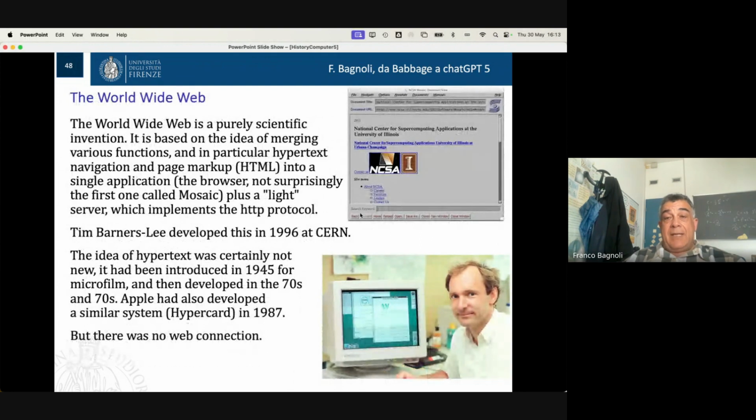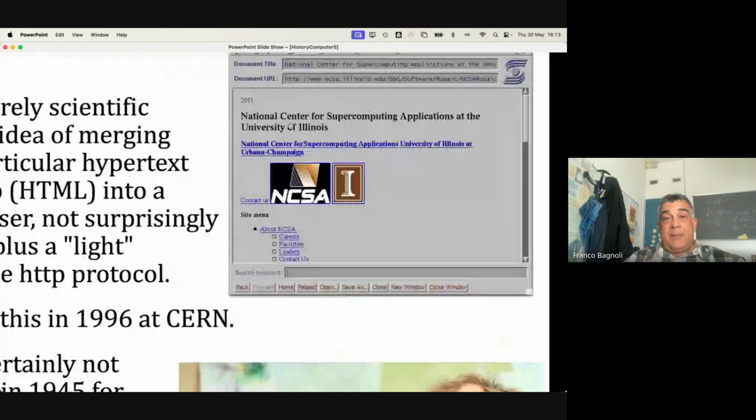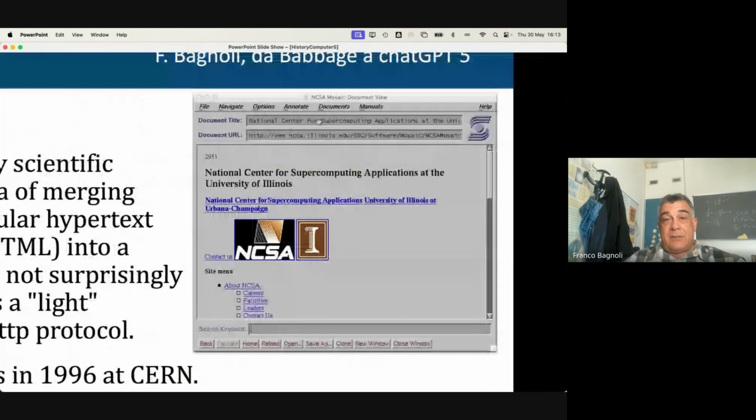And while developing this, he also had to develop the browser. So the concept of the browser, clearly at the beginning, put together a lot of existing software, so that it was called Mosaic, because it was a collection of different pieces.